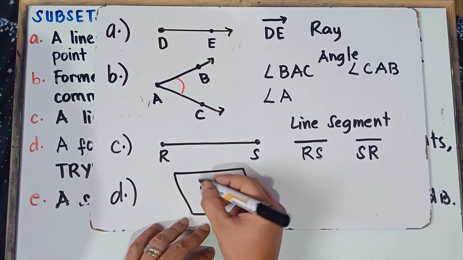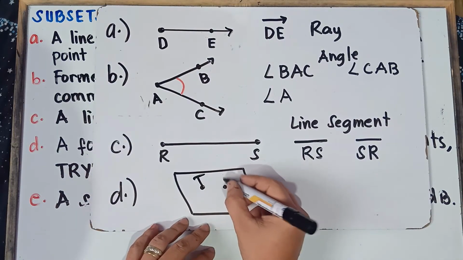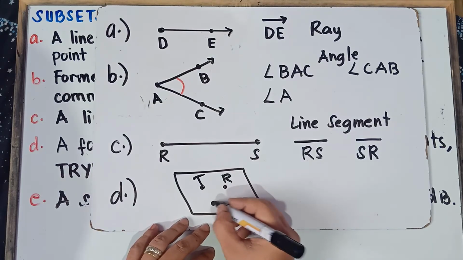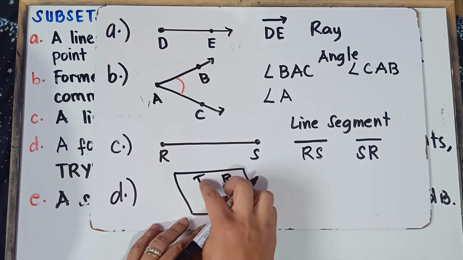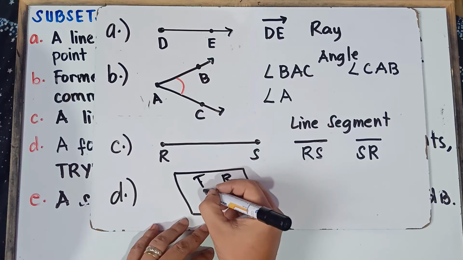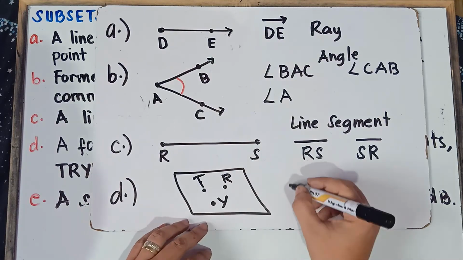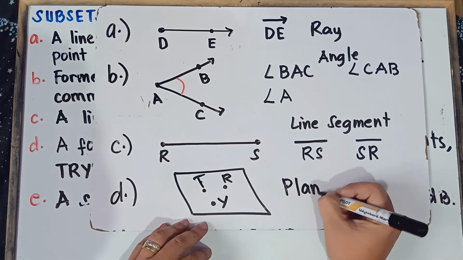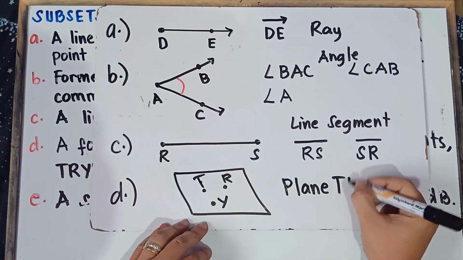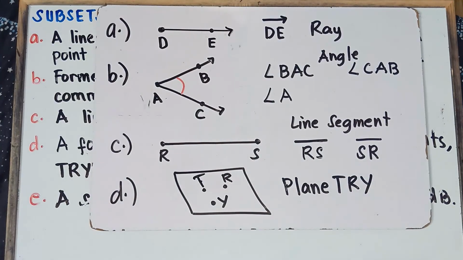So we have T, R, and then Y. So therefore, this is a plane. So plane TRY. Alright, so that's for letter D.